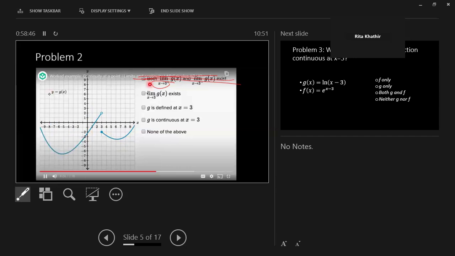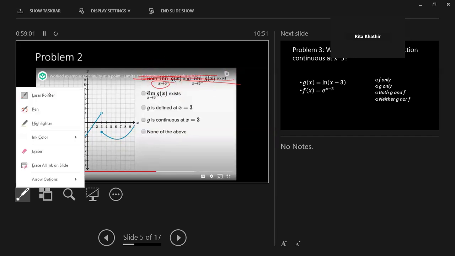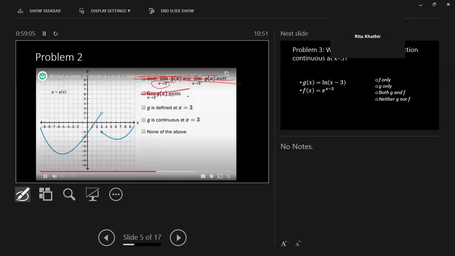Then limit x approaches 3 of g of x exists? It depends on this. It doesn't exist. It also doesn't exist. G is continuous. G is defined at x equals 3. What is the value of g at x equals 3?